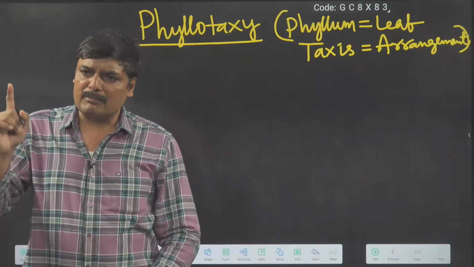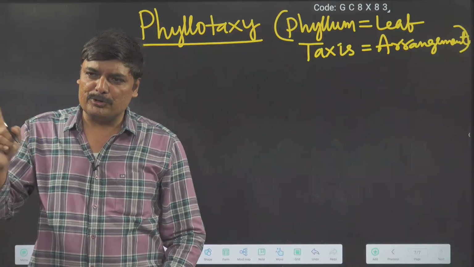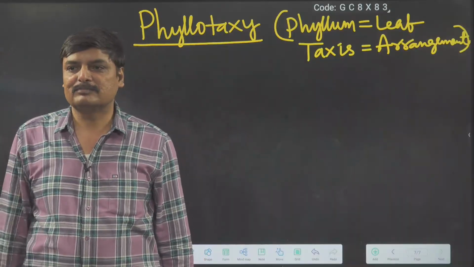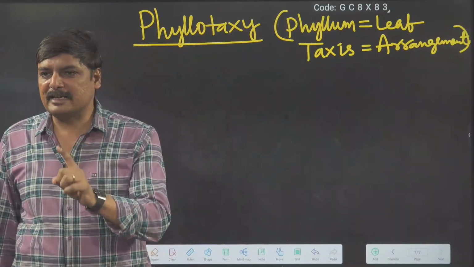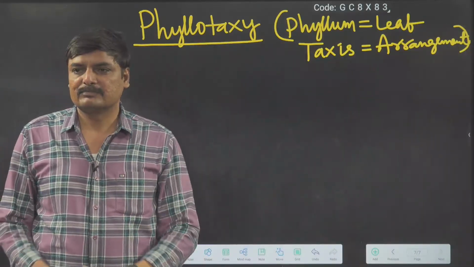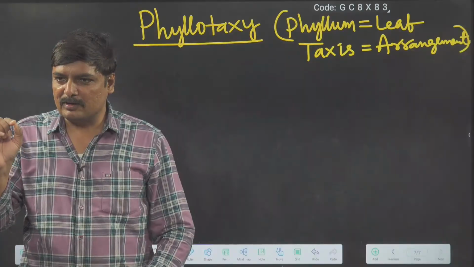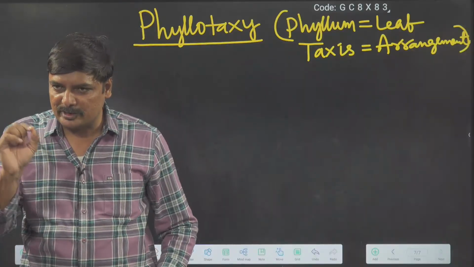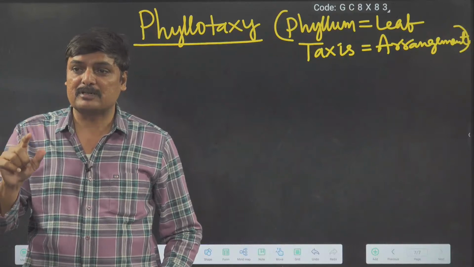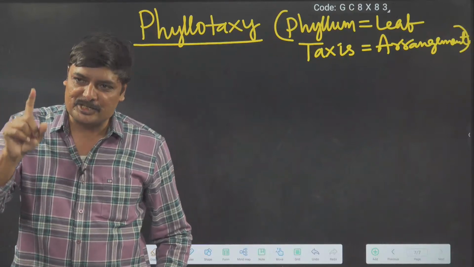Based on the number of leaves produced at each node on the stem, phyllotaxy is divided into 3 types. What is the basis for classification of phyllotaxy into 3 types? Based on the number of leaves produced at each node.